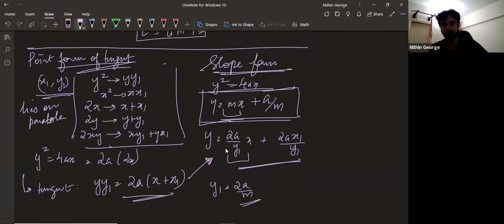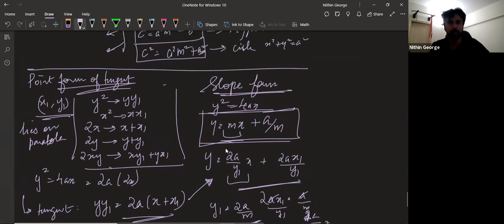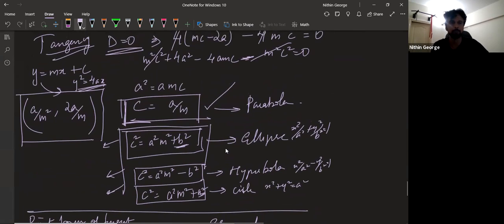And 2a x1 by y1 is equal to a by m, so x1 can be written as y1 by 2m, and y1 is 2a by m. So you get x1 as a by m square and y1 as 2a by m. That is the point we obtained here.